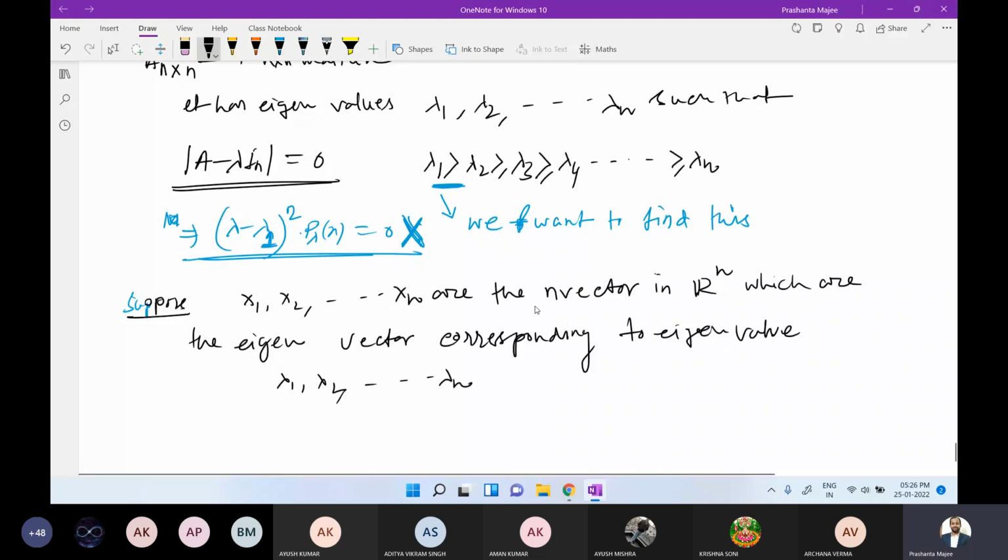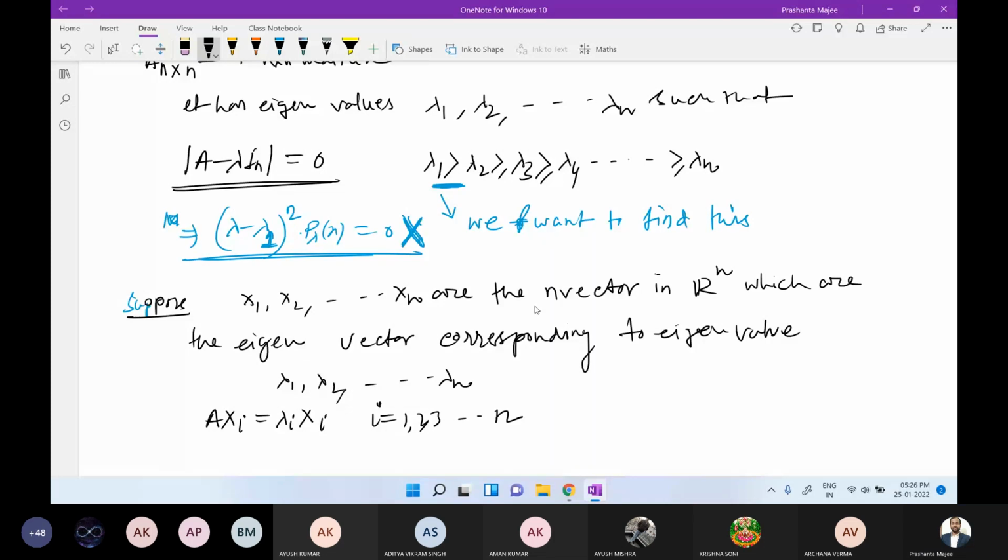Okay, so what you have? You have this equation A xi equals to lambda i xi, i equals to 1, 2, 3 up to n.